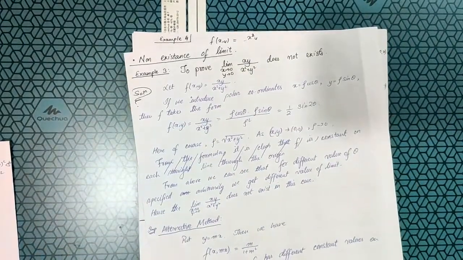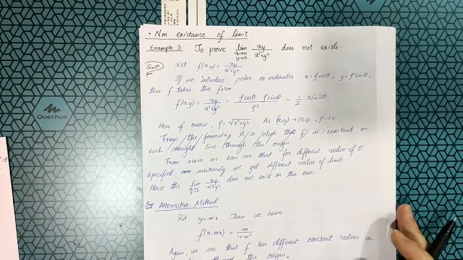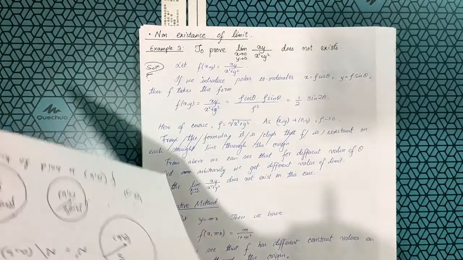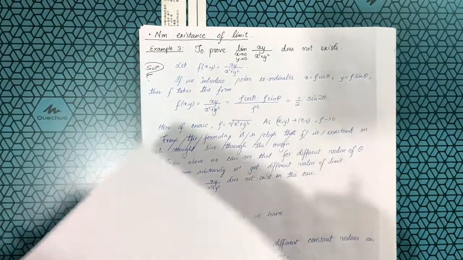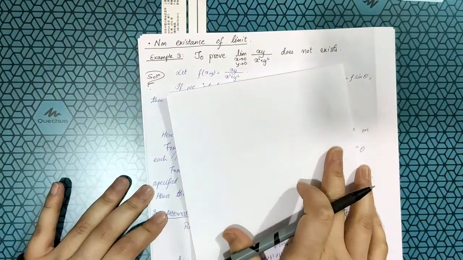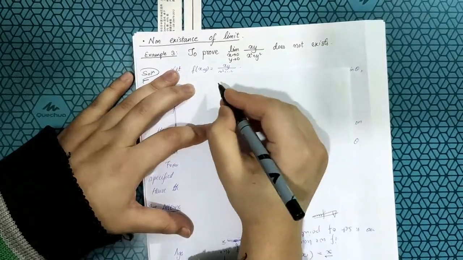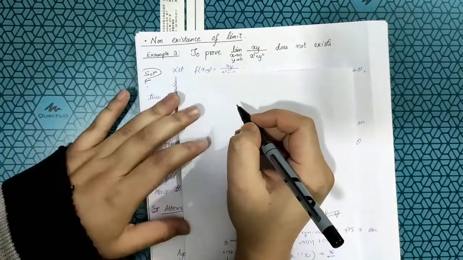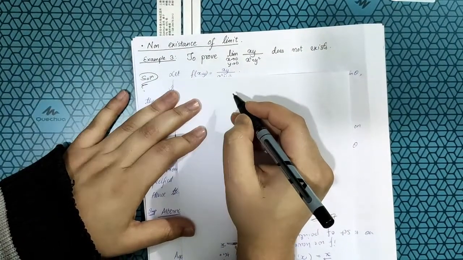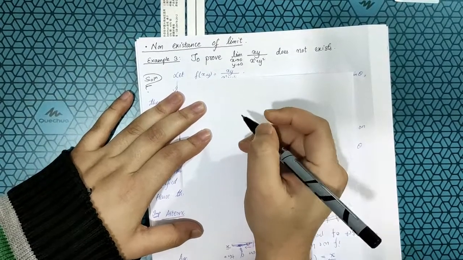So now we understand the non-existence of limit. We have an example for this to prove the non-existence of limit.